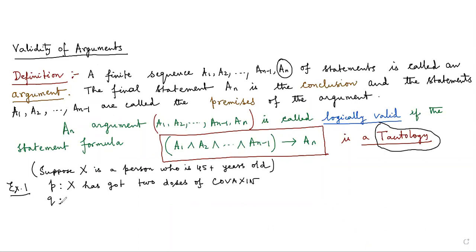And statement Q is: his chance of not acquiring second strain of COVID-19 is 80%.